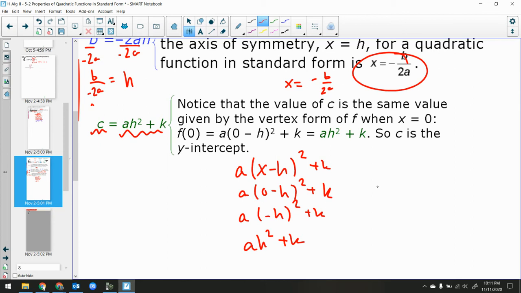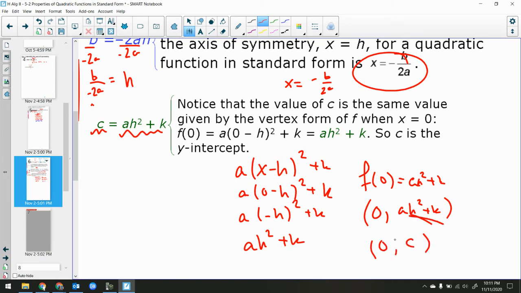So if I plug in 0, I get ah squared plus k. That means this is a coordinate for every single parabola: 0, comma, c, because those things are equivalent. So that means c is actually my y-intercept.